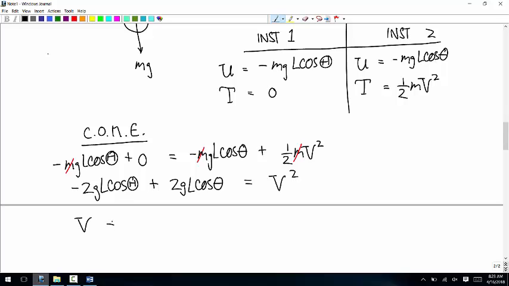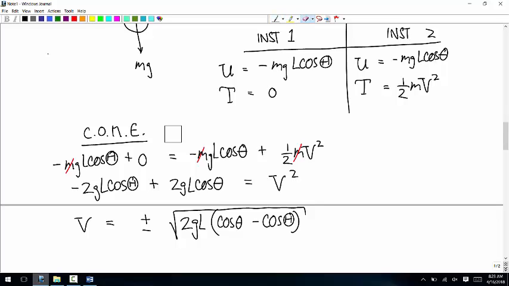So v is equal to plus or minus the square root of 2gl times the quantity cosine of lowercase theta minus cosine of capital theta. That's all square root. This v that we're trying to find is a speed, so we always want the positive answer.